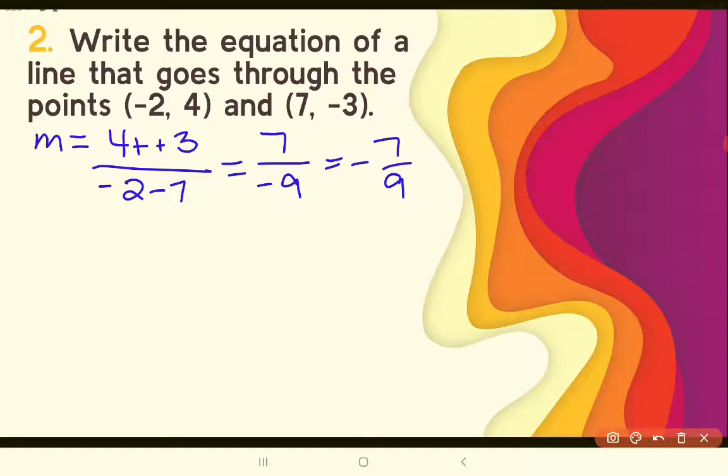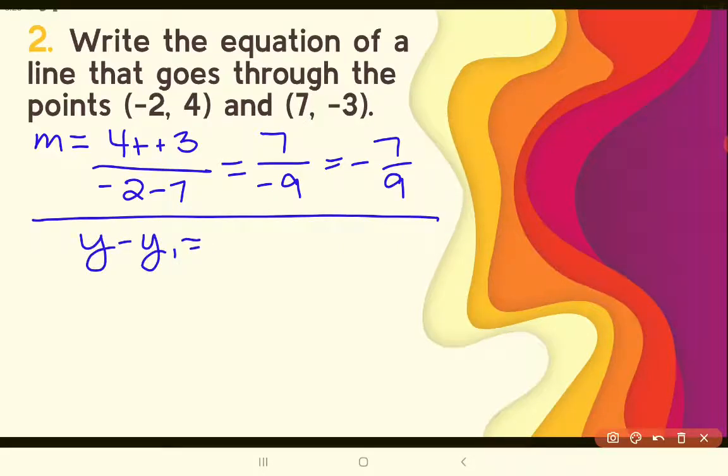Now that I have the slope, now I can go use my point-slope equation. So y minus y1 equals m parentheses x minus x1. M is what I just found. It's negative 7/9. When I get to now filling out x1 and y1, I get to pick whichever point I want.